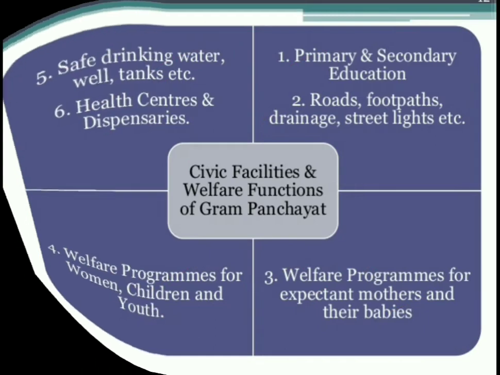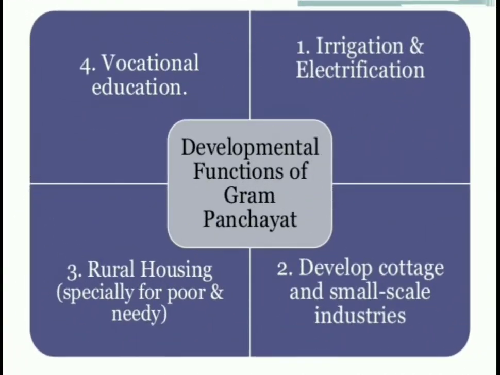So next we go through another few development functions of the gram panchayat. The gram panchayat provides irrigation programs, for example drip irrigation, sprinkler, and these types of schemes they are also following, as well as maintaining these functions.